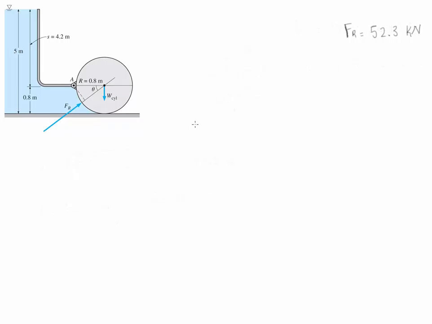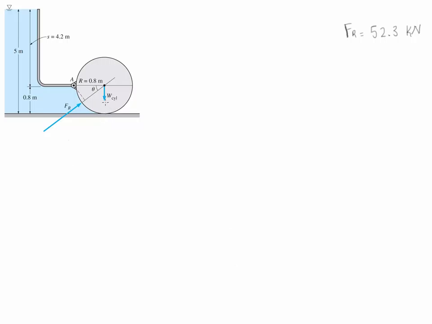Let's now go to part B, in which we need to calculate the weight of the cylinder. The way that we're going to do it is by analyzing the system when the gate is opening. It's right about to open. Therefore, we're going to neglect the reaction force at the bottom.